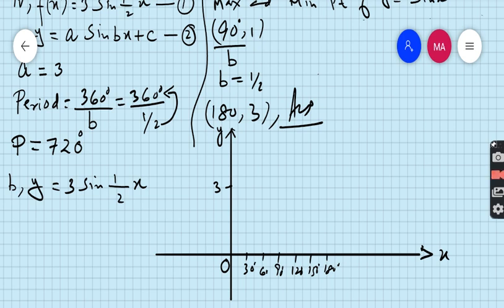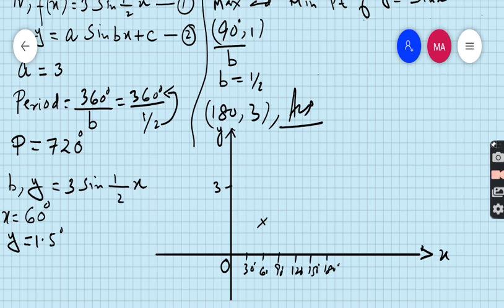So if I take x is equals to 60 degree, the value of y is sin 30 into 3, which is 1.5. So at 60 degree, 1.5.